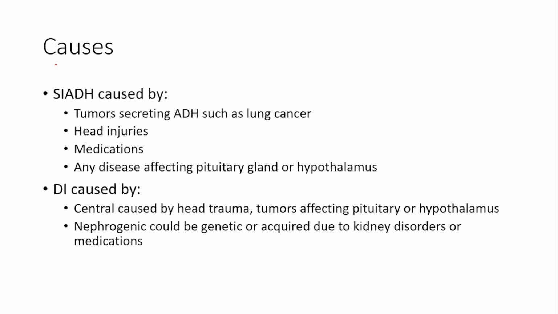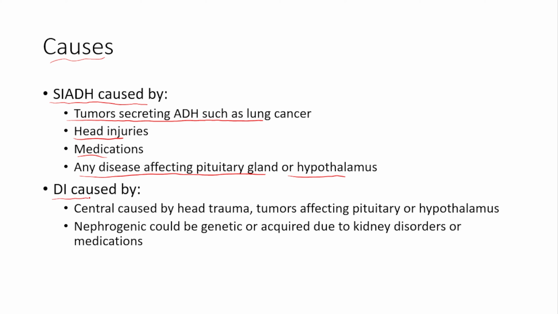So let's start with the causes. SIADH is caused by either tumors secreting the ADH, such as lung cancer, meaning ectopic ADH secretion. Also head injuries, making the pituitary secrete more ADH, or medications increasing the ADH secretion, or any diseases affecting the pituitary gland or hypothalamus, leading to increased ADH secretion and leading to SIADH.